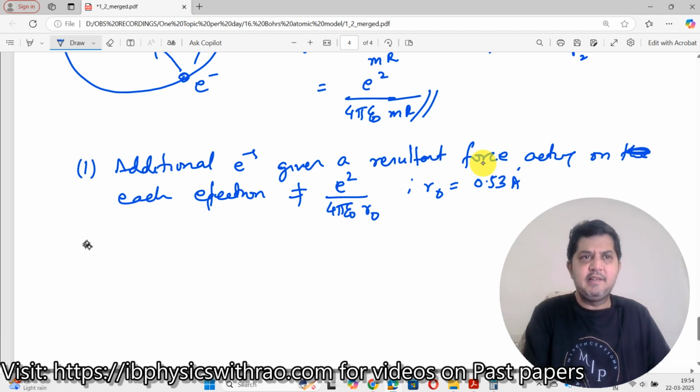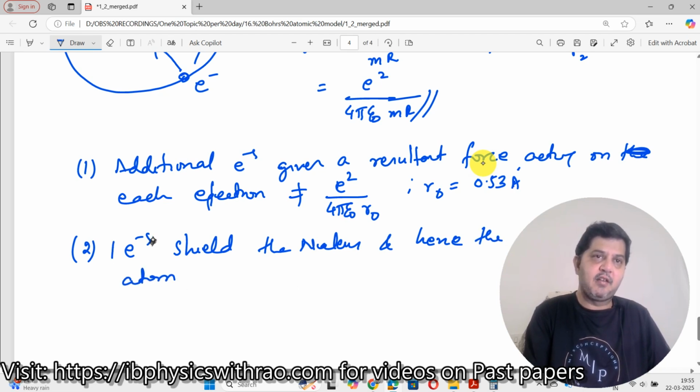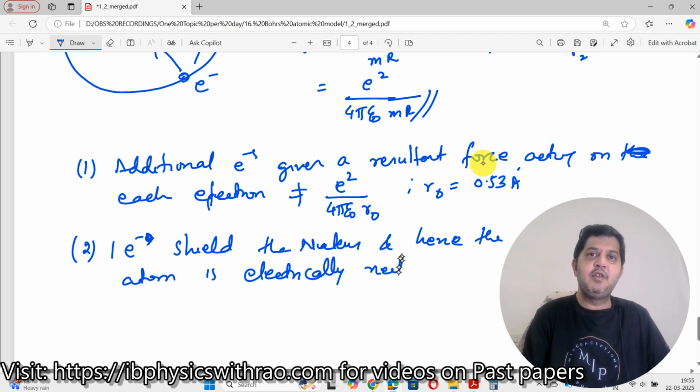There's one more reason which you can say. You can say that one electron shields the nucleus, and hence the atom is electrically neutral.